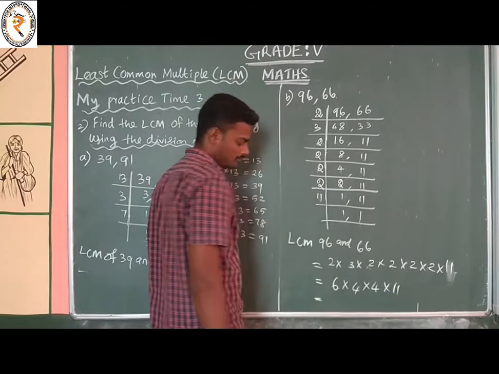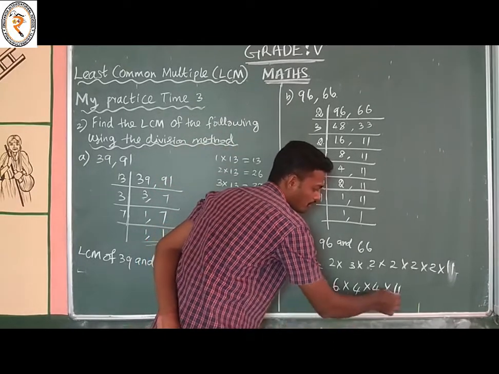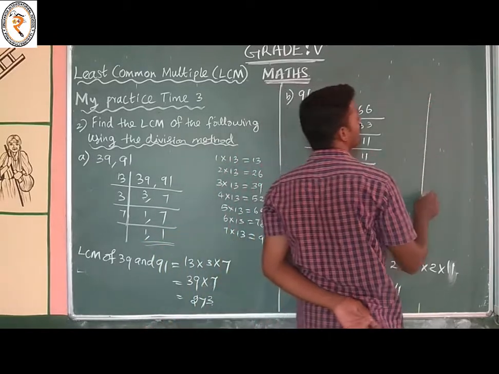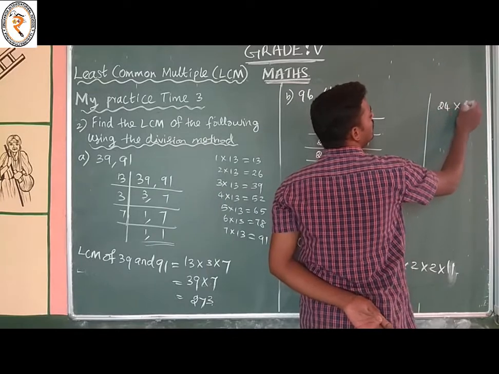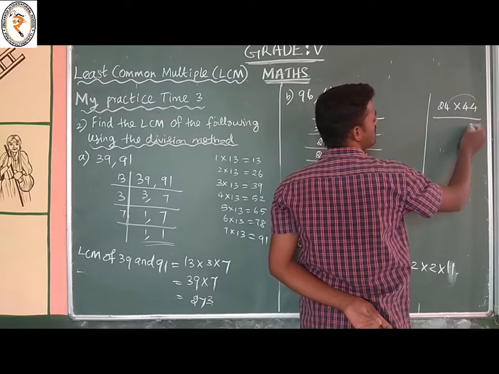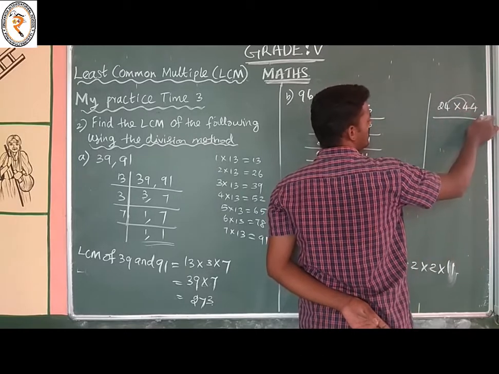6 4s are 24. 24 into 44. 4 fours are 16, balance 1. Again 4 fours are 16, balance 1.